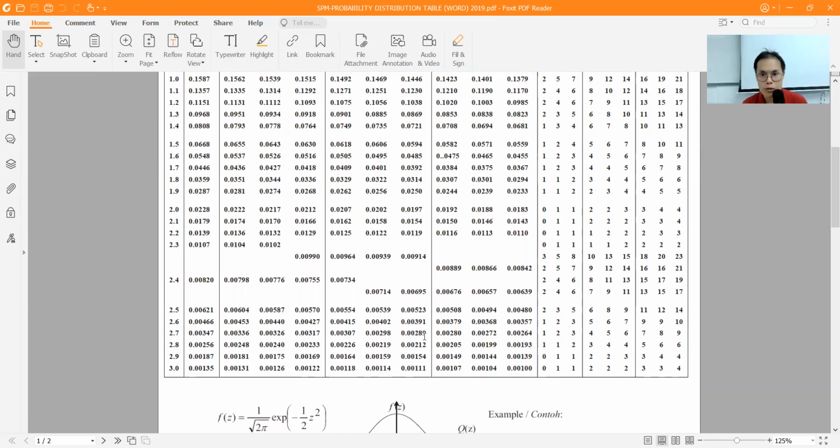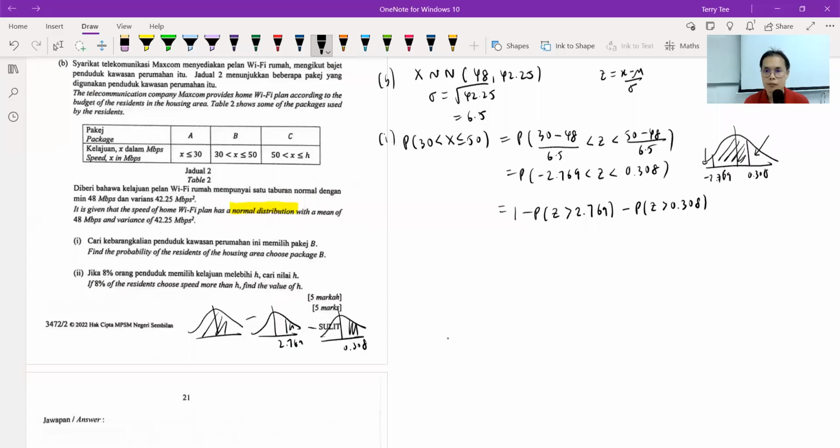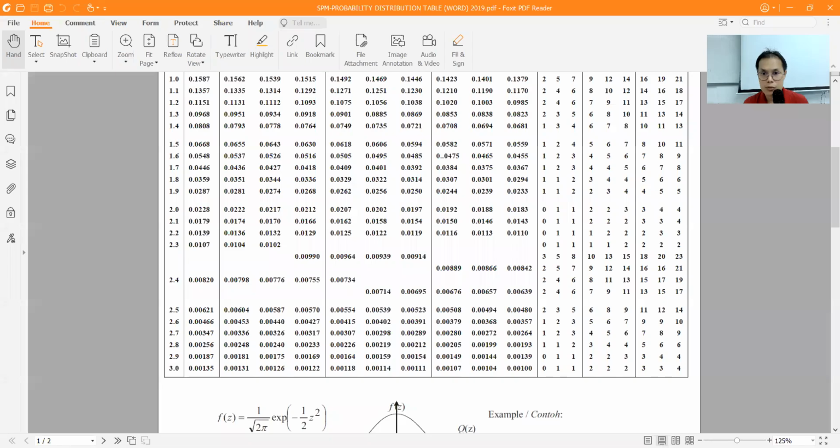Okay, I hope I see wrongly. 0.0028. Let me write here. 0.0028. Okay, it's very small. 0.0028.